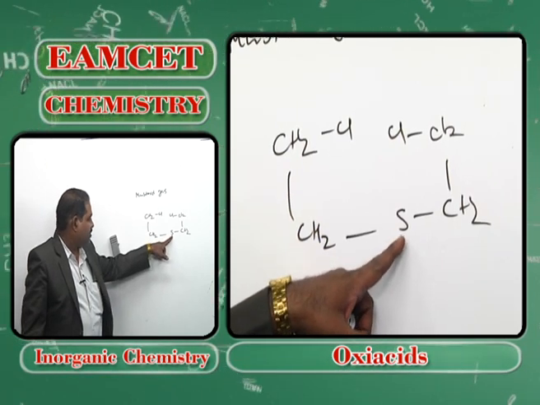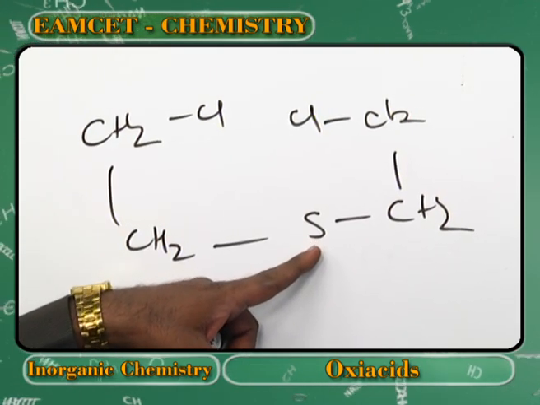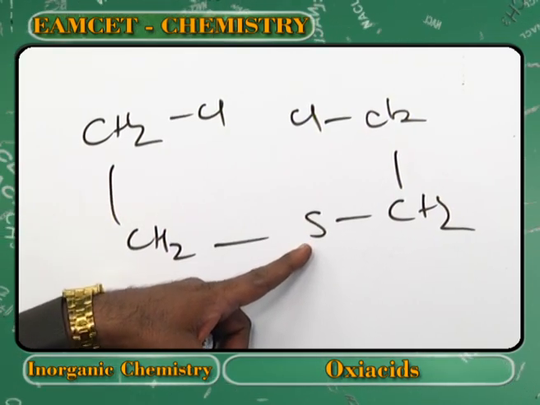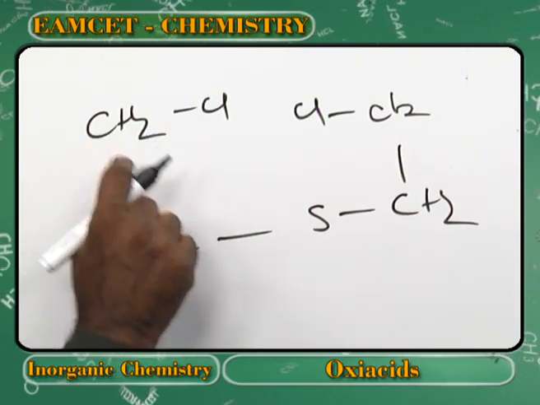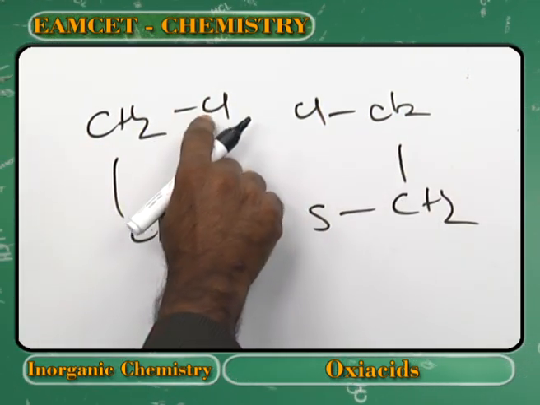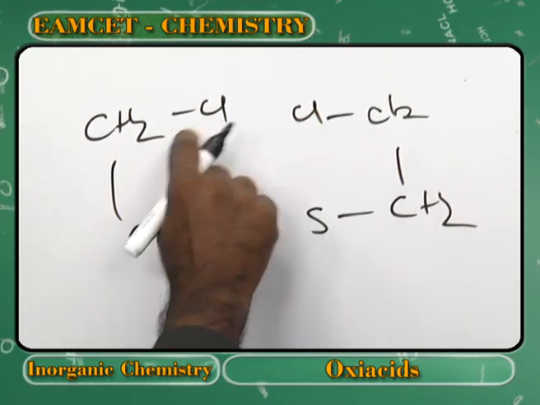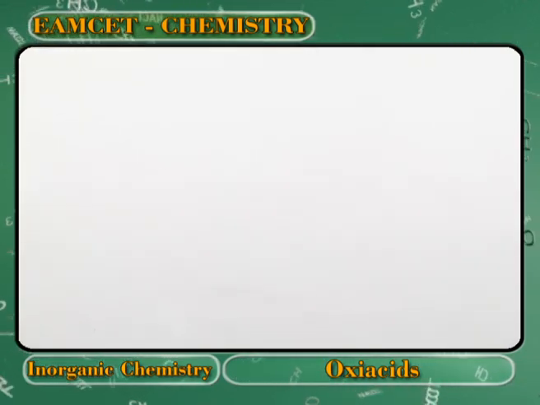Because sulfur has replaced oxygen. If you have oxygen here, you would have called it an ether. This is a thioether because sulfur has replaced oxygen. So diethyl thioether, beta, beta-dichloro. This is alpha, this is beta. That's mustard gas. So there is no S-S bond at all.